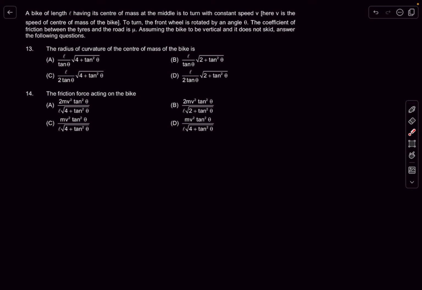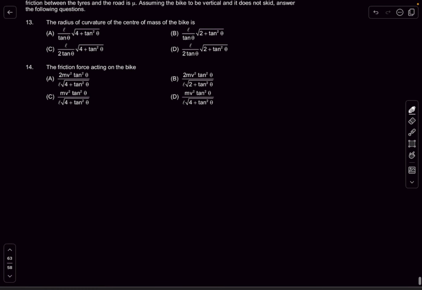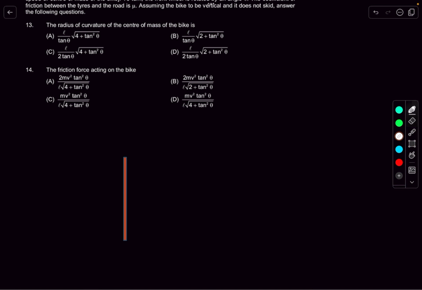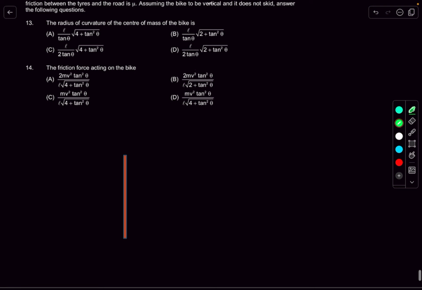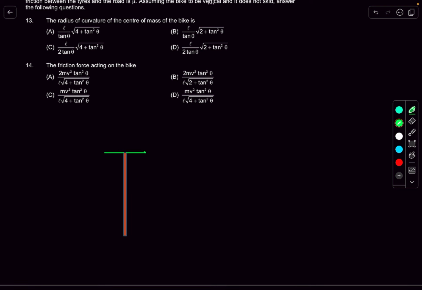Basically the tires of the bike are rolling, and the front tire deviates by an angle of theta. So let's try to draw a diagram. Okay, so let's say this is the frame of the cycle, and this denotes the handles. The main idea is that the front tire deviates by an angle of theta and the back tire is as such.